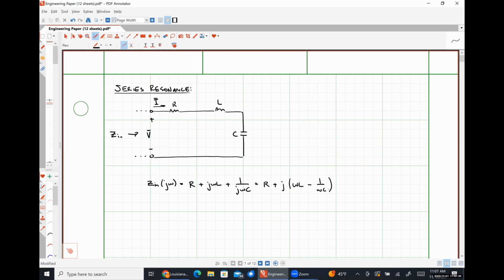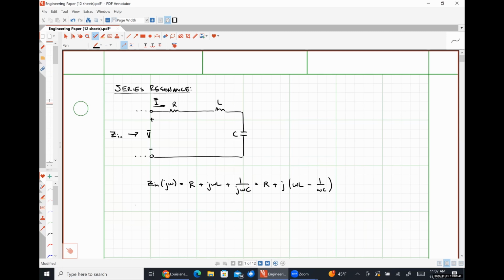So resonance in a circuit is defined as the frequency at which the imaginary part goes to zero, or another way to think about it is the frequency at which the impedance behaves as if it were purely real. So pretty obviously then, in order for this circuit to be at resonance, the positive reactance of our inductor has to be exactly canceled out by the negative reactance of our capacitor, right?